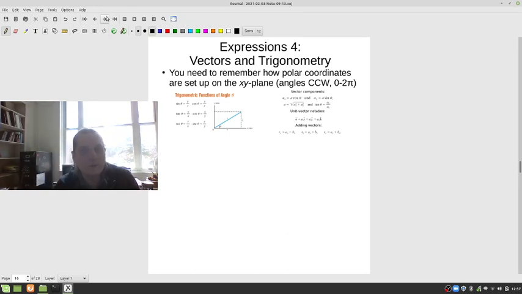Okay, so this I think was on your homework 3, this is where I saw the most problems because people are a little hesitant to draw a picture. They want to just use their math. But there's a lot of cases where drawing a picture will help. Some of these, though, you also need to just know how to crank through the math. So we'll do some examples of each here.